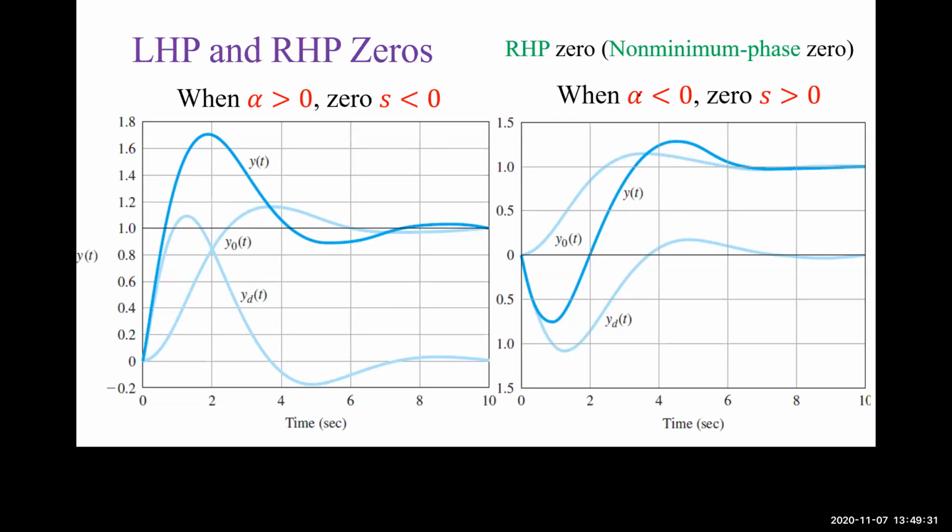When alpha is less than 0, we have the zero at the right half of the S-plane. So we call it a right half plane zero or non-minimum phase zero.